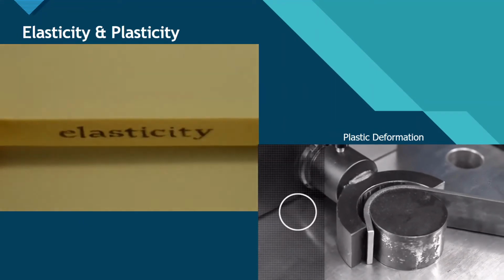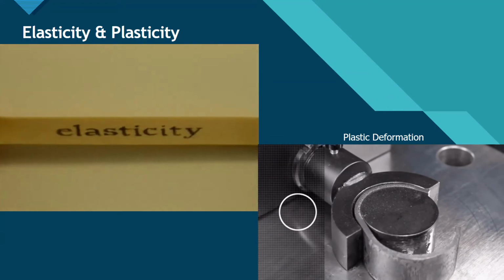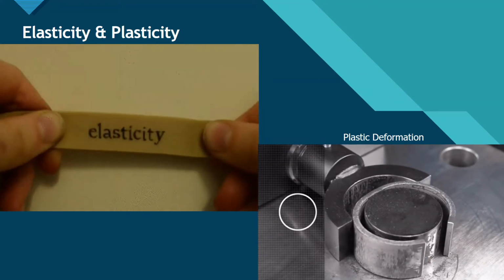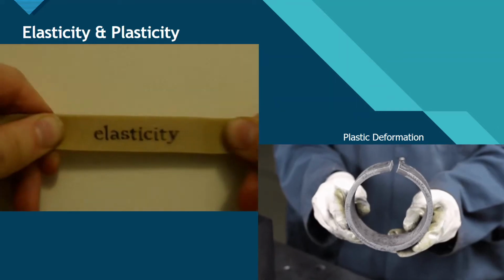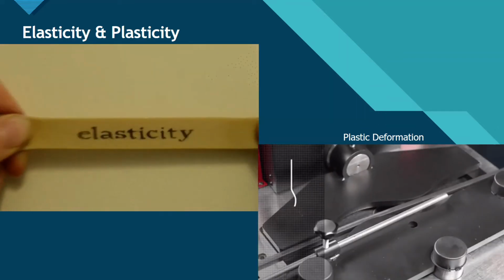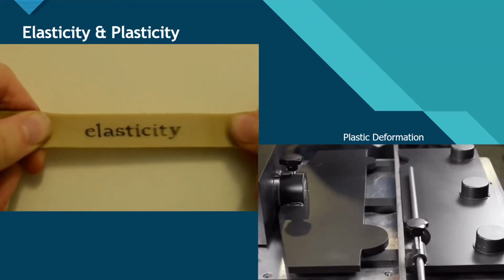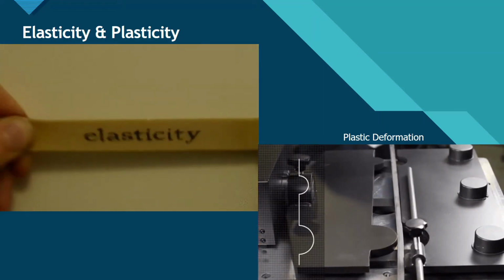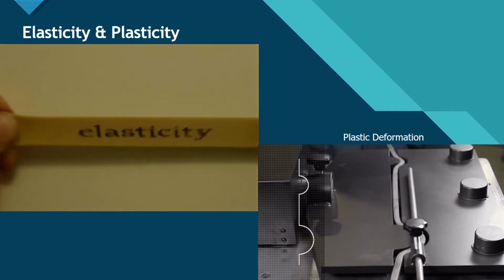In the top left corner, you'll see an elastic material. You apply a force by stretching it, you remove the force, letting it go, and it goes back to its original shape. In the bottom right, you will see metals undergoing plastic deformation, where these presses are applying a force and the material's shape permanently changes once the force is removed.